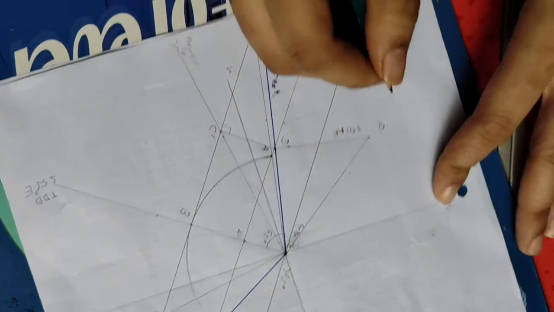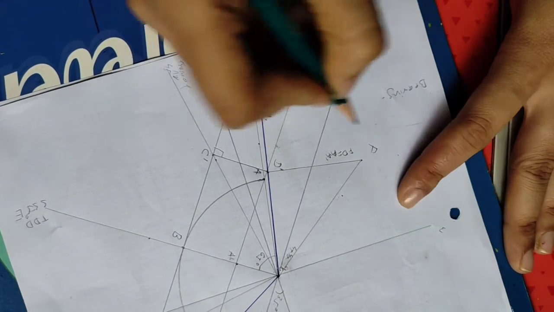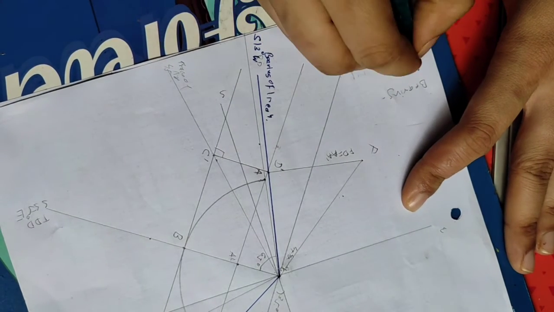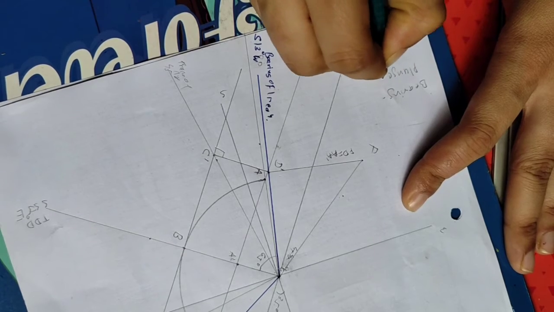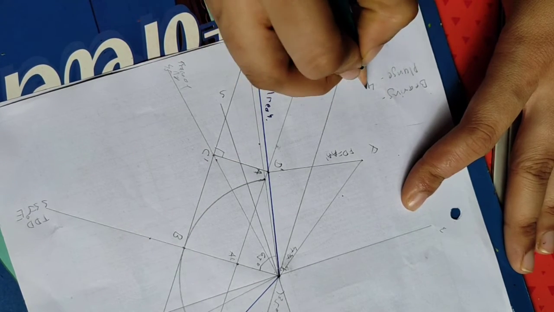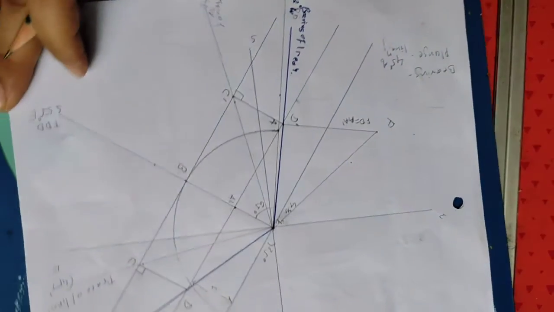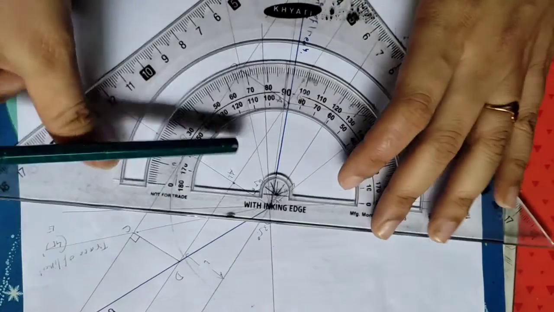This is the angle, 45 degrees. So one bearing is this, and the plunge is 45 degrees. Just a moment, let me check once again.